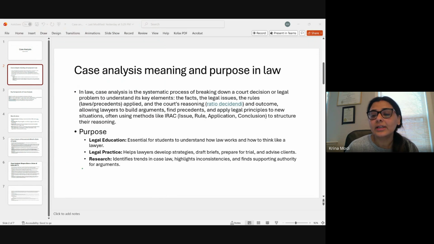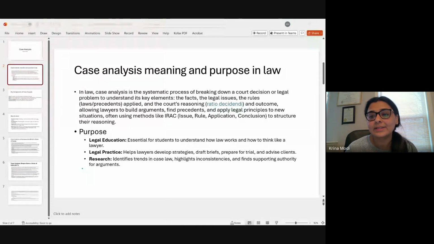Research. In the law field, especially being a lawyer, research is a very important aspect. I was not too good at research when I was in law school. For some reason, I used to avoid researching and reading a lot. I like to read, but I didn't think I researched well.